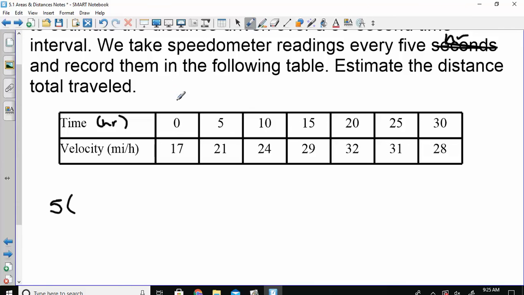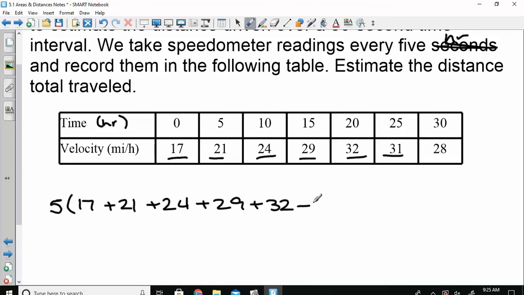So let's say for the first one, we use the speed at the beginning of the time interval. So we know we would use these speeds right here. So I would add up 17 plus 21 plus 24 plus 29 plus 32 plus 31. So you're doing essentially 5 times each of those things, rate times time.